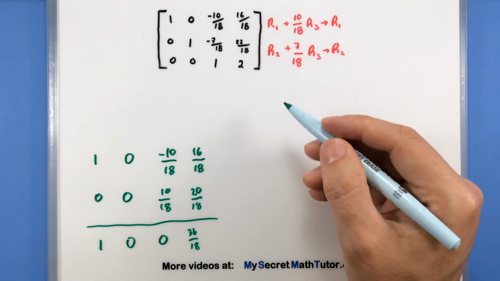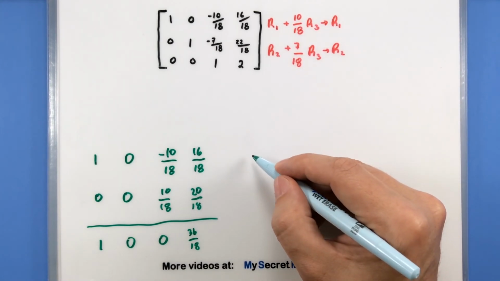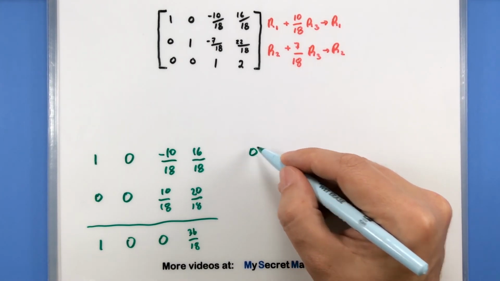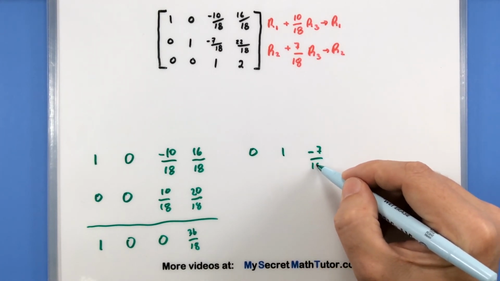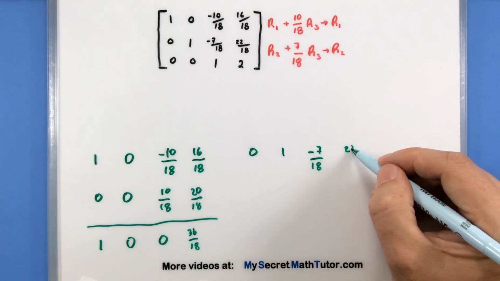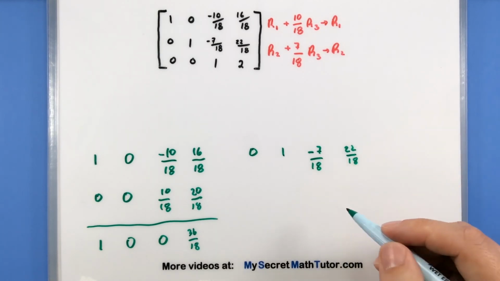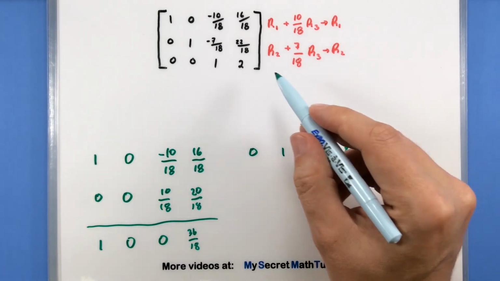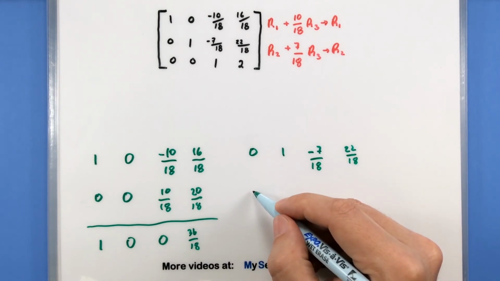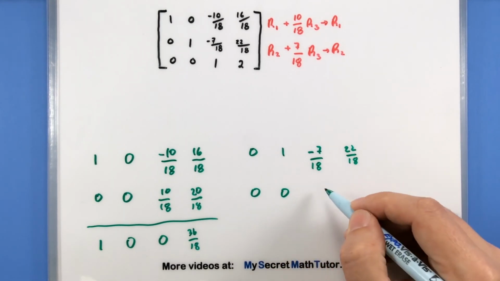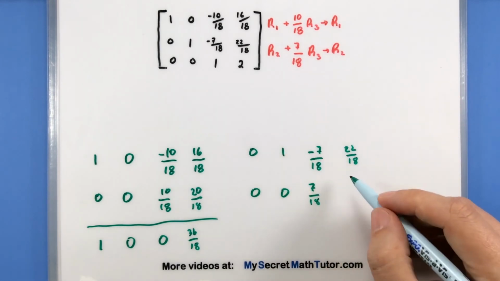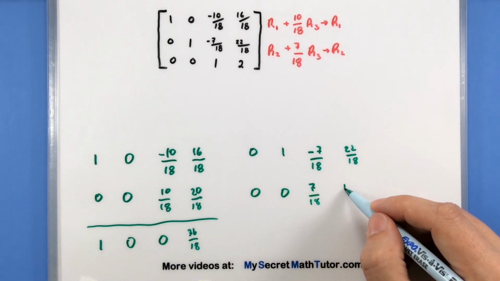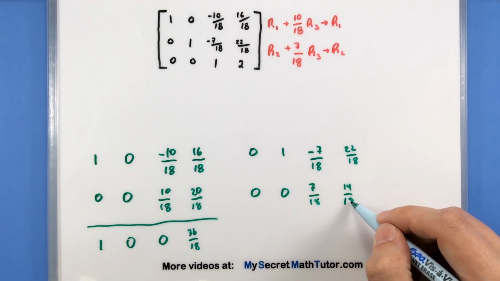Let's see, these other steps. So I need row 2, just as it is. So 0, 1, -7/18, 22/18. And then we'll take 7/18 times row 3. 0, 0, 7/18. 7/18 times 2 is 14/18.